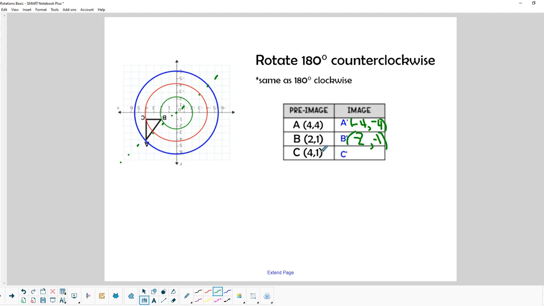And C prime would be -4, -1. Basically you're rotating from quadrant 1 all the way into quadrant 3 where both numbers are negative. And the same would apply if you did a 180 degrees clockwise rotation. You'd still be in the same position.